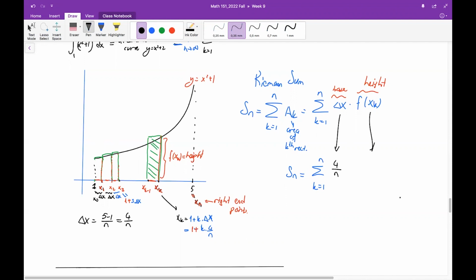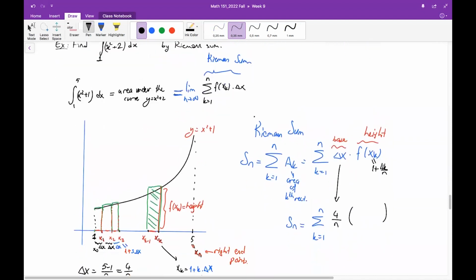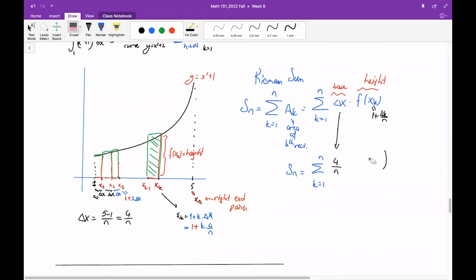And this is, in fact, the image of the point xk, where xk is, remember, 1 plus 4k over n. So the image of such a point is, in fact, what is the function? x squared plus 2, remember? Okay, let me first write it like so.